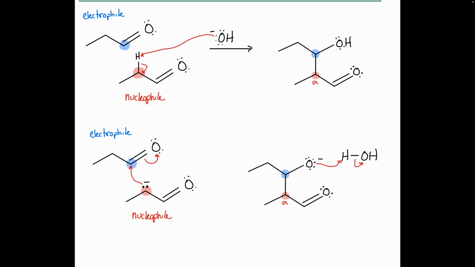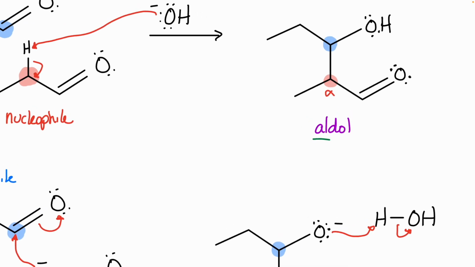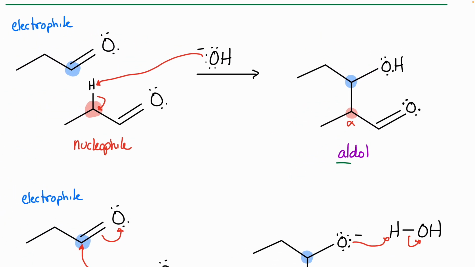This is what they call an aldol, because it's got an aldehyde section and an alcohol section. I will note that even if you used instead a ketone, they still call it an aldol, even though there's not an aldehyde group in there. So this is our reaction that takes place between these two aldehydes, where one of them plays the role of the electrophile, the other plays the role of the nucleophile at its alpha carbon.